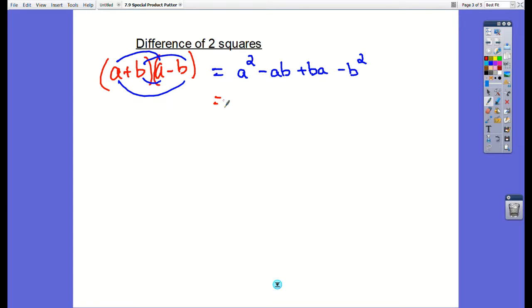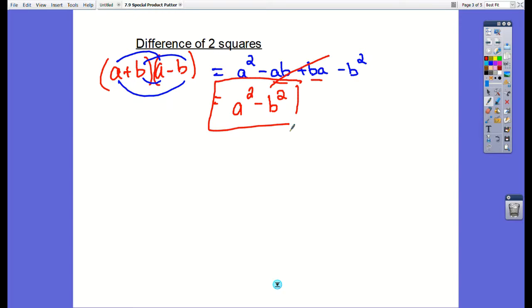So when using FOIL, I got an a squared minus ab plus ba and then minus b squared, because one's positive, one's negative. Now, are ab and ba the same thing? Yes, one's positive, one's negative, which means they add to 0. So we get a squared minus b squared, which is where the name comes from.